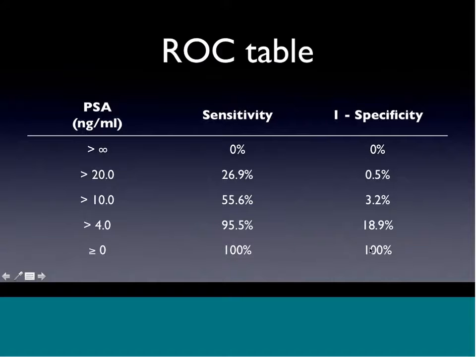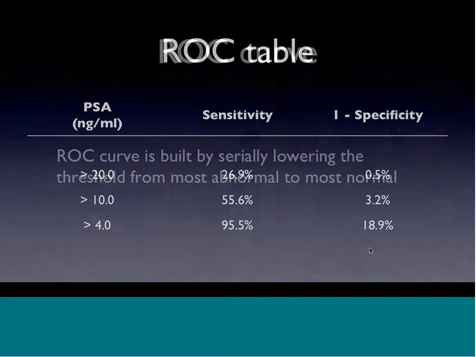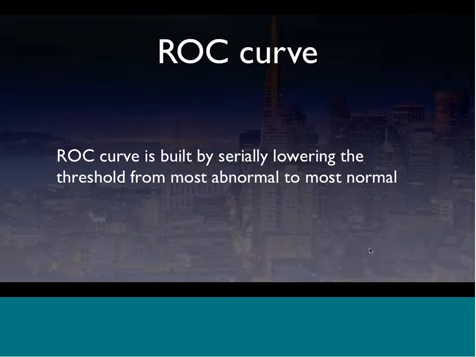Same thing on the other column. Now, because the first and last row will be always the same for any test, we can just ignore them, and we'll keep the 3 cutoff points that we applied for the PSA. And we're going to use that to now build our ROC curve.